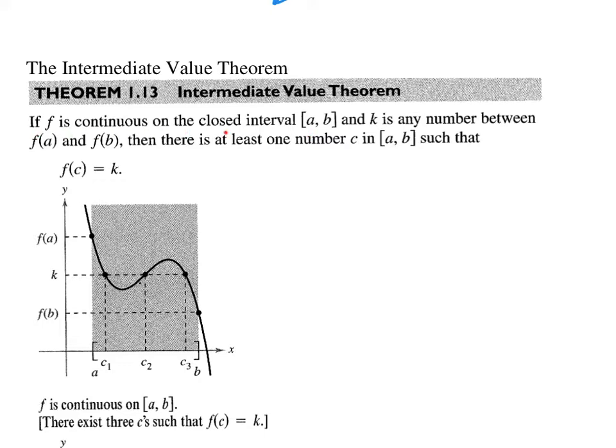So that's the first condition here in our intermediate value theorem. Okay, it's got to be continuous on the closed interval AB.